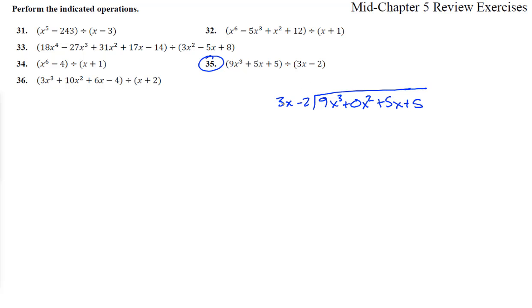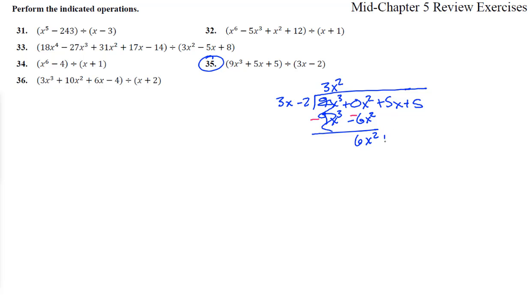Yeah, put those guys in. 3x goes into 9x cubed: 3x squared times 3x is 9x cubed. 3x squared times minus 2 is a minus 6x squared. That's why we needed to place that 0x squared in there. We're now going to subtract. Can't forget to do that. And we get 0 minus a minus 6 is positive 6x squared. And of course, that column went away.